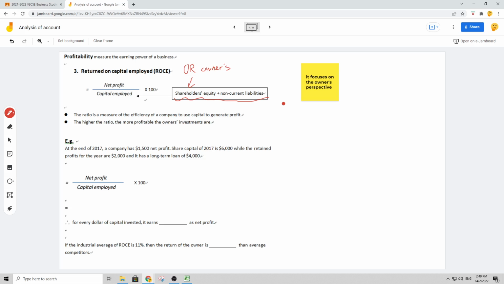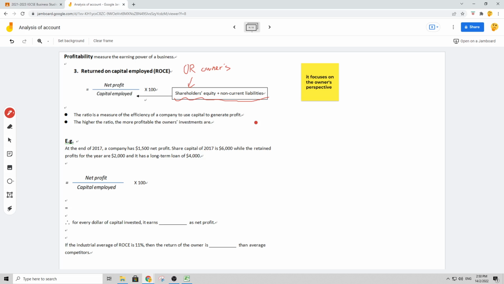If you still remember the definition of capital employed, it's just the amount of money that the business is using for long-term investment. If you use this equation, you can find out whether the money that you have put into investment is worth something.